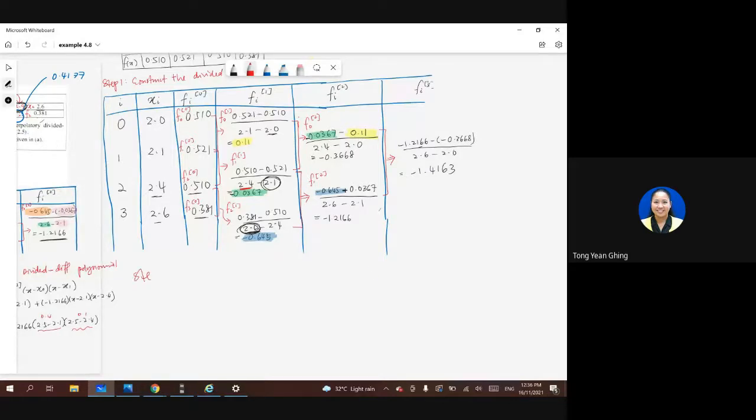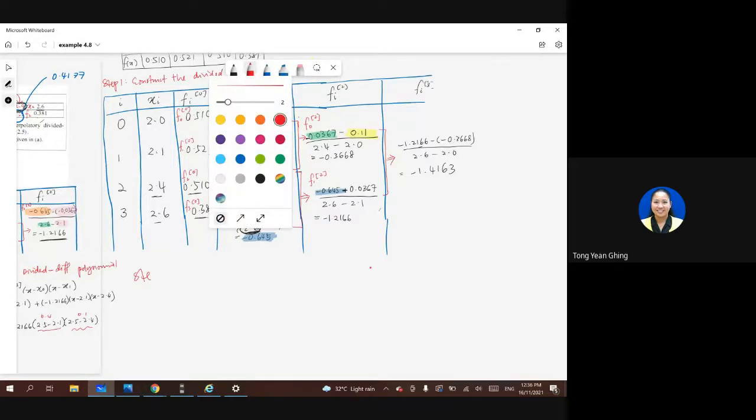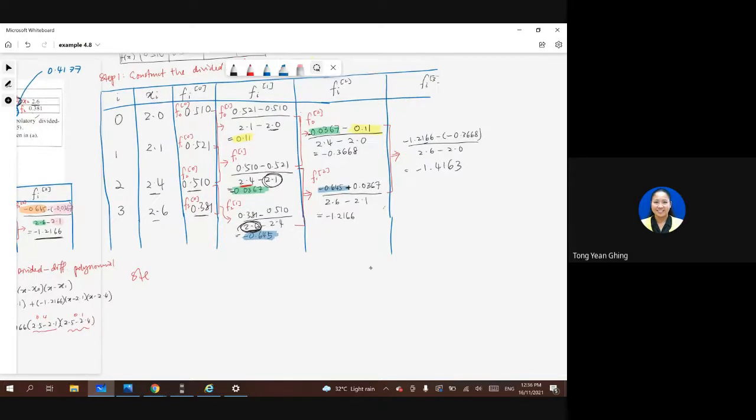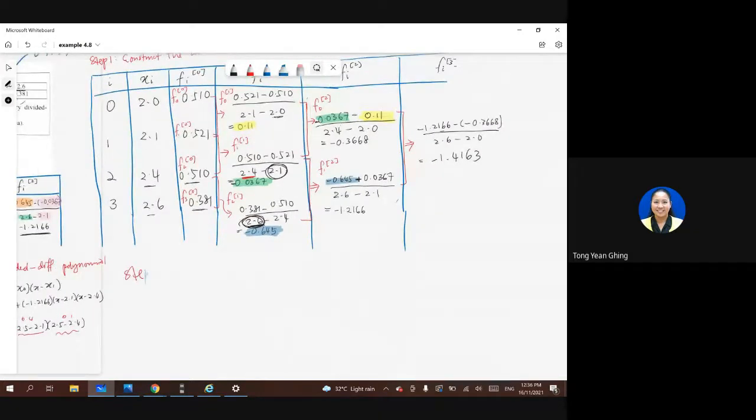So step 2, we construct the Newton interpolatory divided difference polynomial. So this one is P3, right?